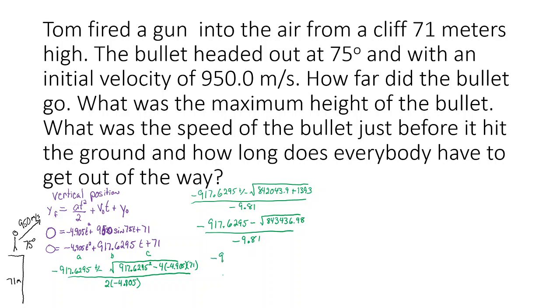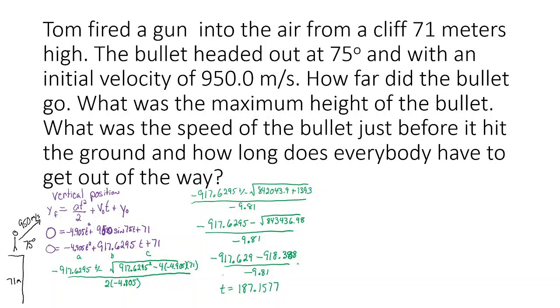So we get negative 917.6295 minus 918.388 over negative 9.81. So now I'm going to take 918 plus 917.629, add those together, divide by 9.81, and we'll get time equaling 187.15.